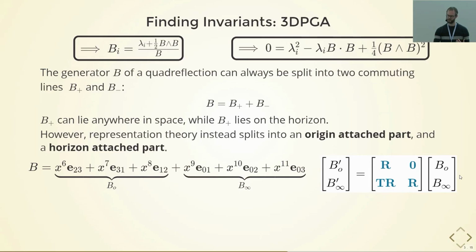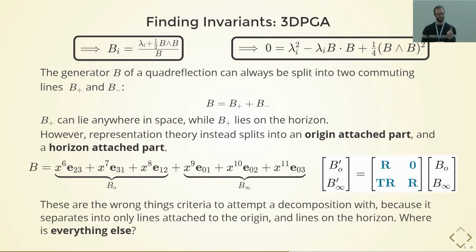And then I transform it in this way, and then I say, oh, this matrix cannot be decomposed. But it is the wrong question to ask, because we said it's only things attached to the origin and only things on the horizon, but where's the rest of the space, right?